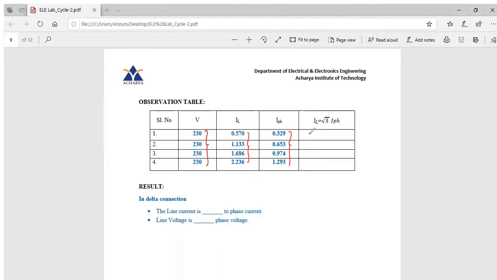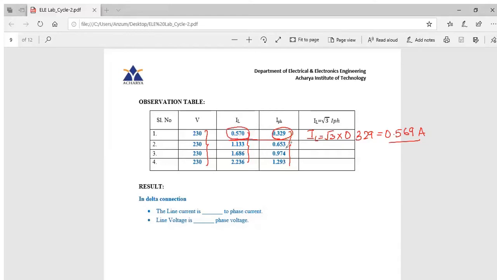So here, if I consider the first reading and take IL equal to root 3 times the IPH value of 0.329, it comes out to be 0.569 amperes.